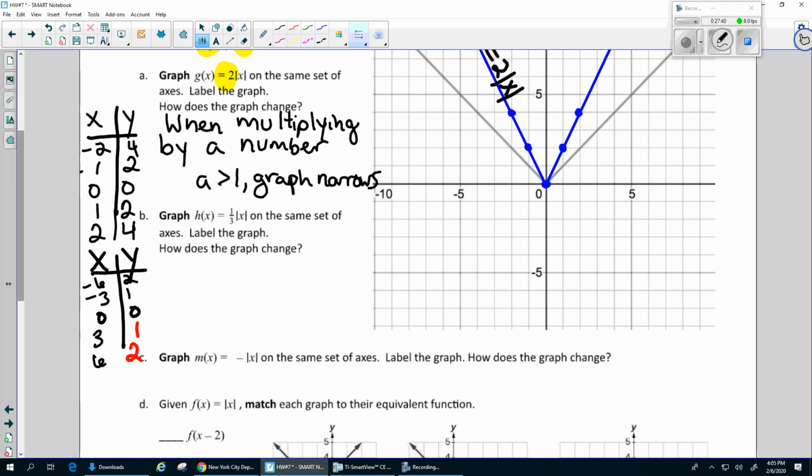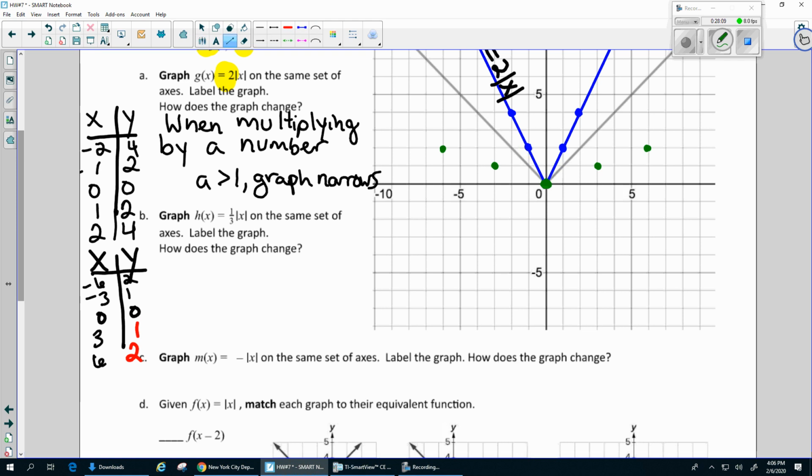Okay, I'm going to pick a new color. I'm going to go with green. I'm going to plot my points. Start at 0, 0, overlapping with my vertex of my blue original parent function. And then -3, 1, and 3, 1, and -6, 2, and 6, 2.